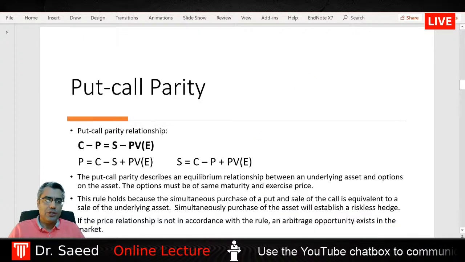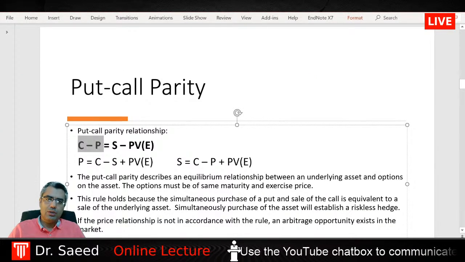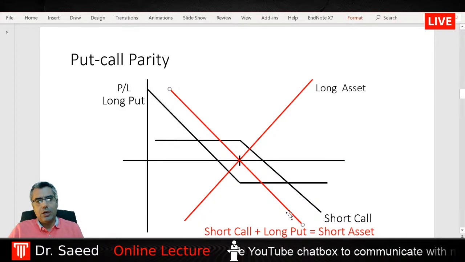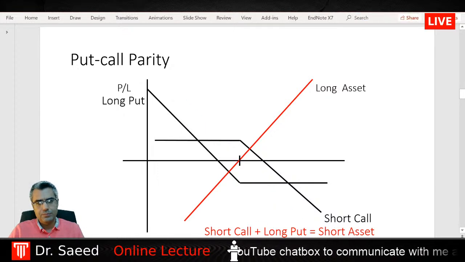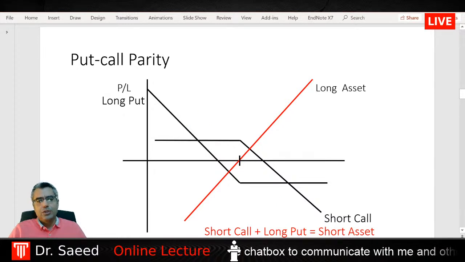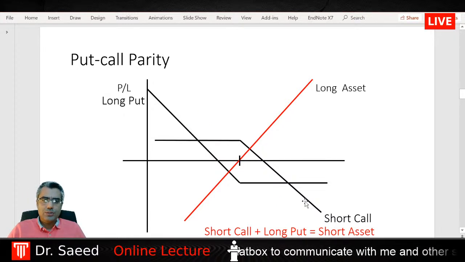Now here you can see. I just said that it's short call, long put, right? So here you can see short call, and this is long put. This one shows long put. We discussed this last week. So long put, short call. If you add these two, ignore the red one, right?